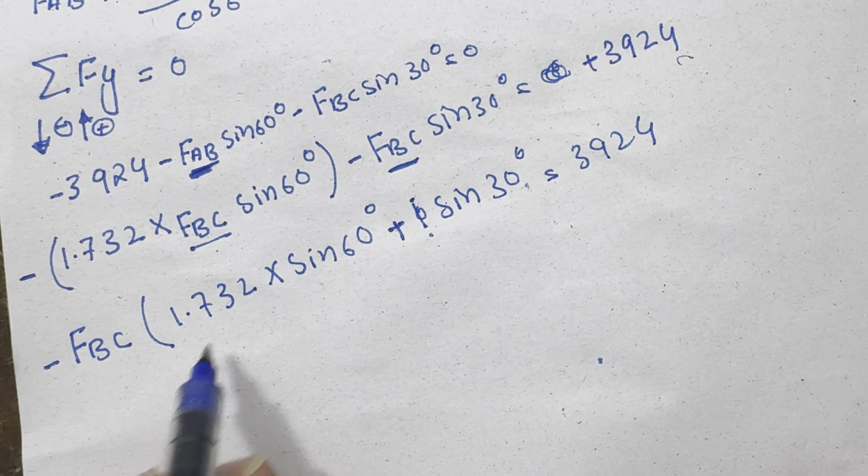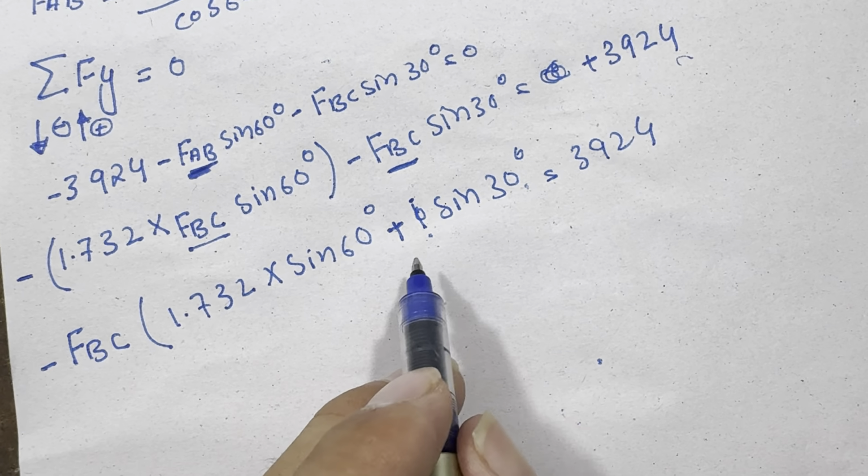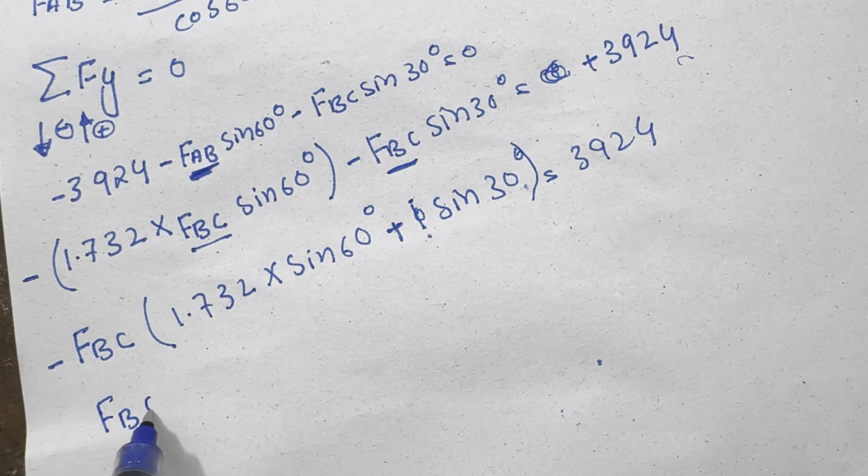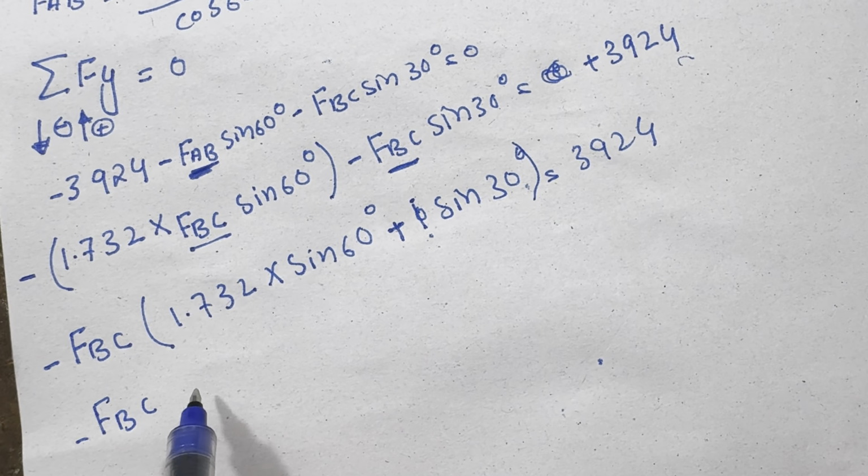So if I multiply and add this, I will get negative FBC.